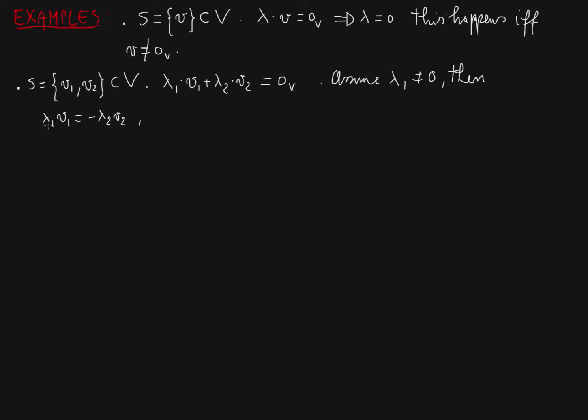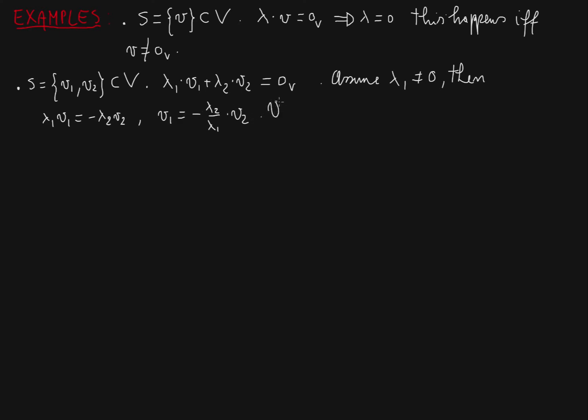We can divide by lambda 1 both sides of the equation. So V1, we can actually explicit V1 in function of everything else: negative lambda 2 divided by lambda 1 times V2. So if there exists a non-trivial linear combination giving me the 0 vector in V, then V1 is a multiple of V2.